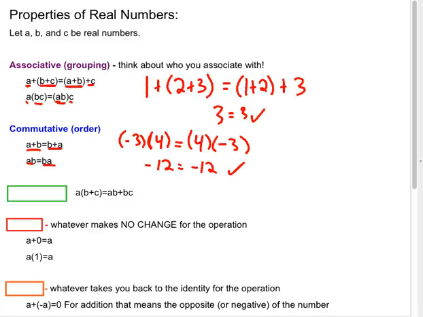Okay? So, first two properties, as simple as that, okay? Grouping, you can change it up, doesn't matter. Or second one, the order, you can switch it up, doesn't matter.